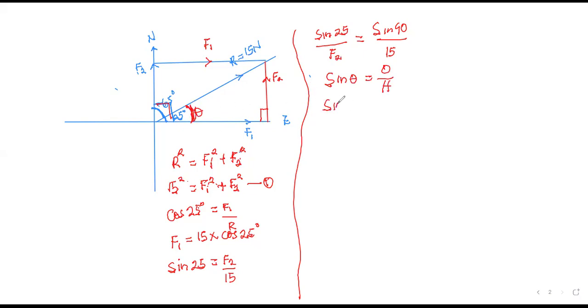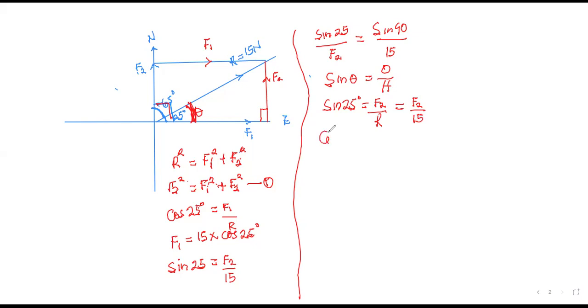If I take sine of 25, sine is the ratio of the opposite side of the right angle triangle to the hypotenuse. This is the opposite side, the side which is opposite to the angle, so F2. The hypotenuse is the resultant force, R. So that's how I could deduce that sine of 25 is F2 over the hypotenuse, which is 15.